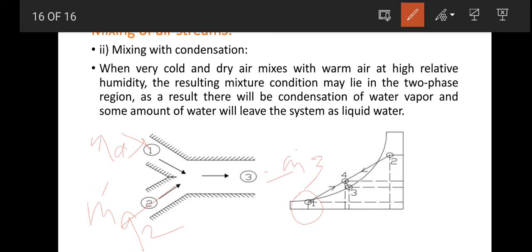Then when these two air streams mix, some of the water will condense and will always be available in liquid form in the mixture. In that condition, point number 3 lies on the line joining 1 to 2, but it will be denoted on the saturation line, because the saturation line represents 100% moisture content.